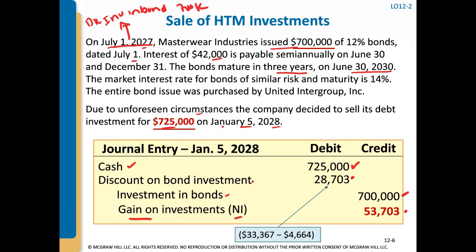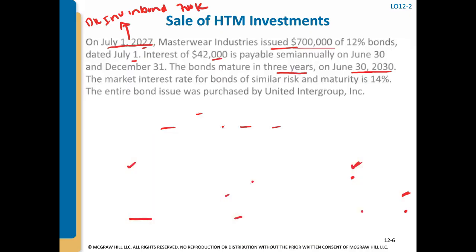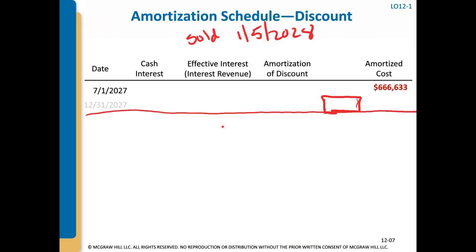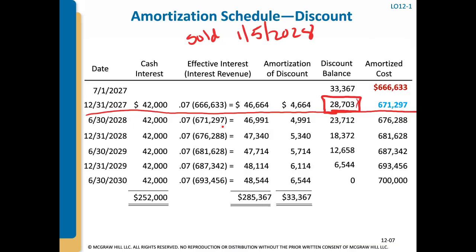I also just want to show you an alternative way you can calculate this as well. We know we got $725,000 cash. We know we have to credit our investment in bonds for $700,000. You could also just calculate the gain on the investment and then plug the discount. The way we calculate the gain is, we sold it for $725,000, and so we would take our $725,000, which is our sales price, minus the carrying value of the investment on our books.